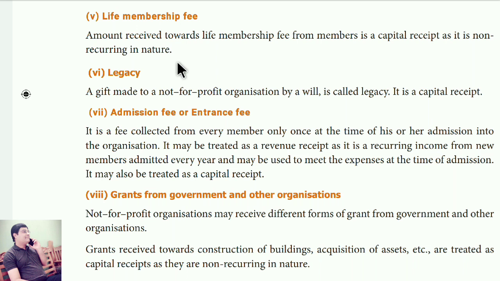So this is not a revenue receipt, this is a capital receipt. Now one more line you have to write here: it is entered in the liability side of the balance sheet. Understand? So this is your fourth very short answer.